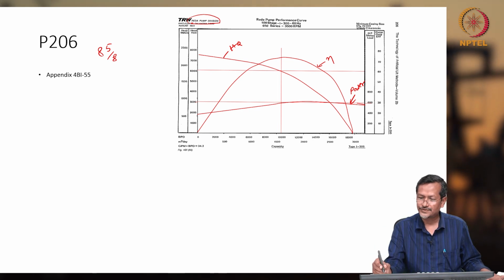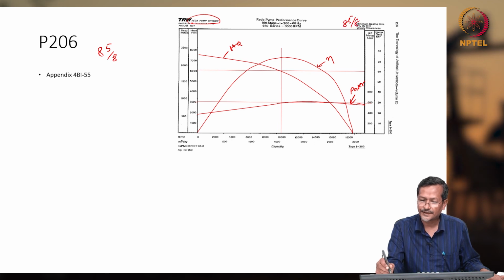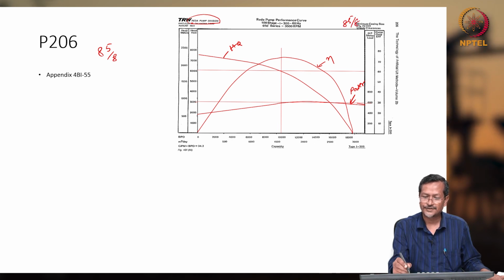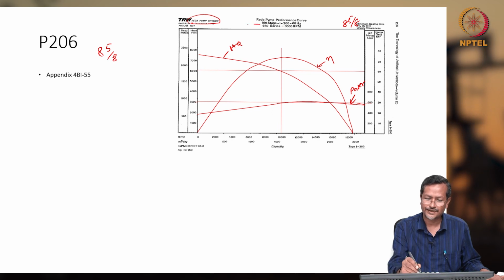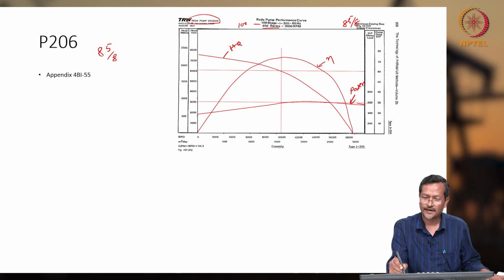So for the casing here it is 8 and 5/8, it is written there, and it is a 100 stage pump, 100 stages is written. Okay, and series 650 and RPM 3500.